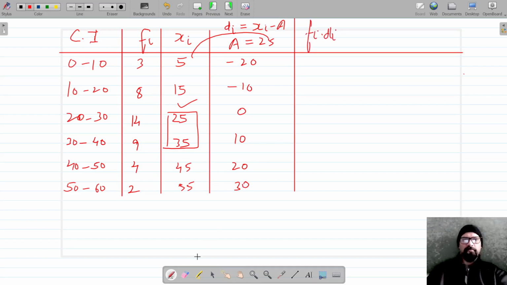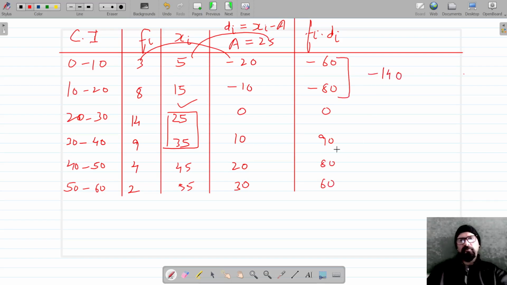Now our next column will be fi into di. We have to use the shortcut method, so I'm going to use the assumed mean method. So this is Fi into Di, which is negative 60, negative 80, 0, 90, and 80 and 60. Okay, sum of the negative terms is minus 140.